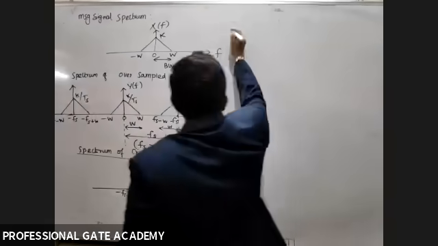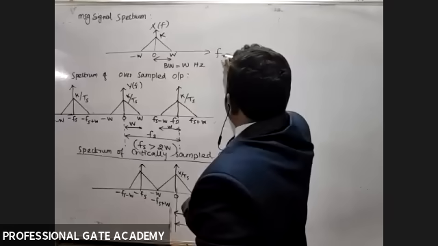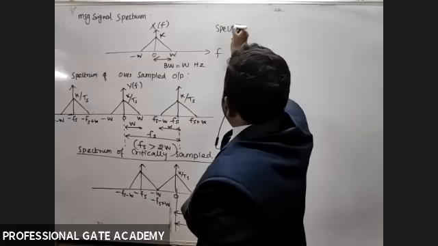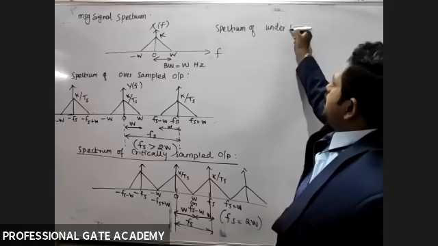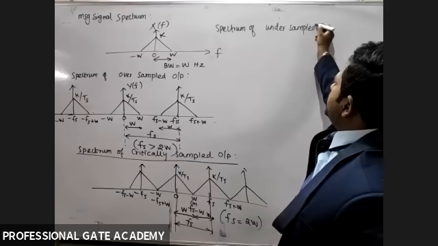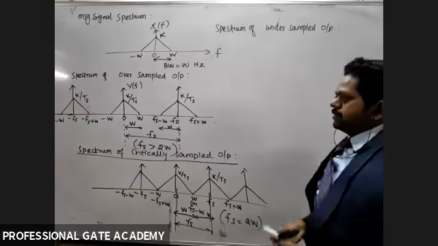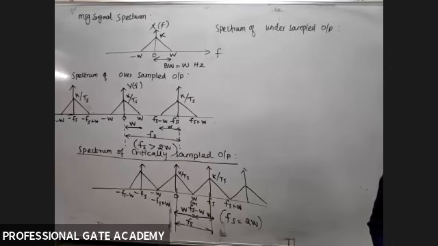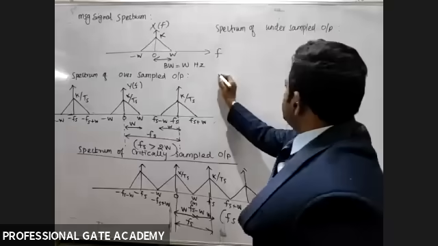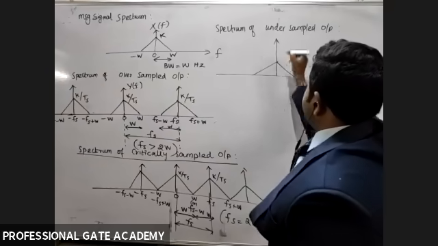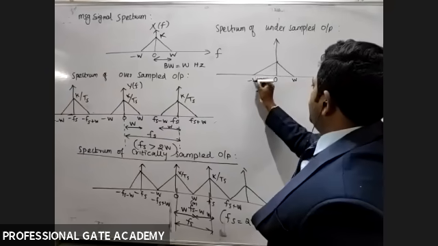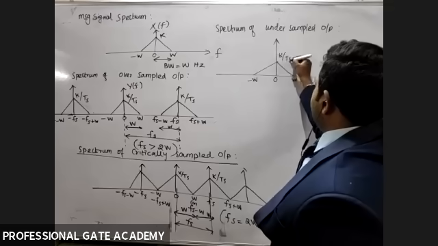Next. Take the next one. Spectrum of under-sampled output. Next heading. Spectrum of under-sampled output. So for that, first X of F, 0, W, minus W, this is K by Ts.